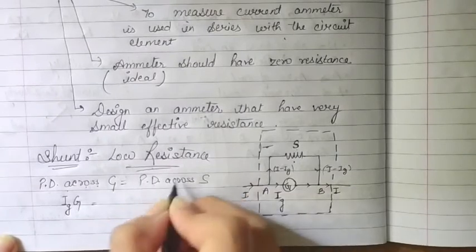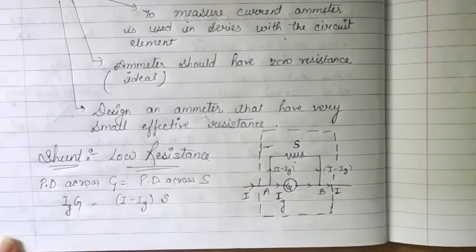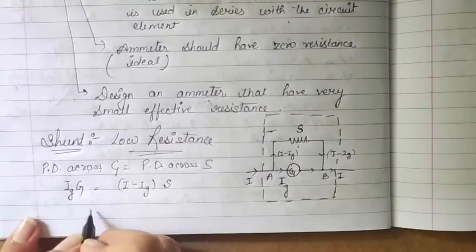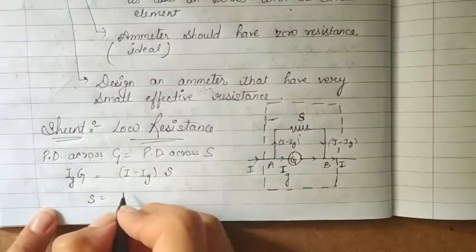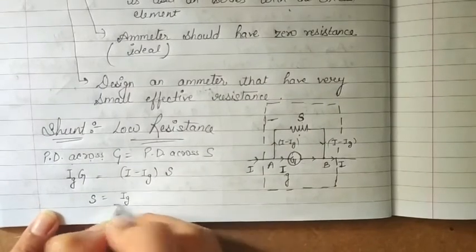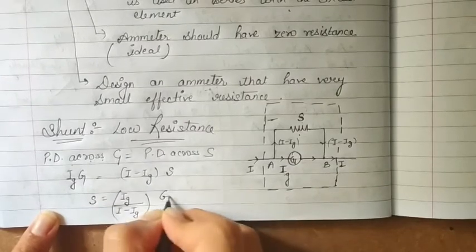In case of the shunt, it is (I minus Ig) into S. By rearranging that, we can find the value of the shunt S, and it will be Ig upon (I minus Ig) into G.